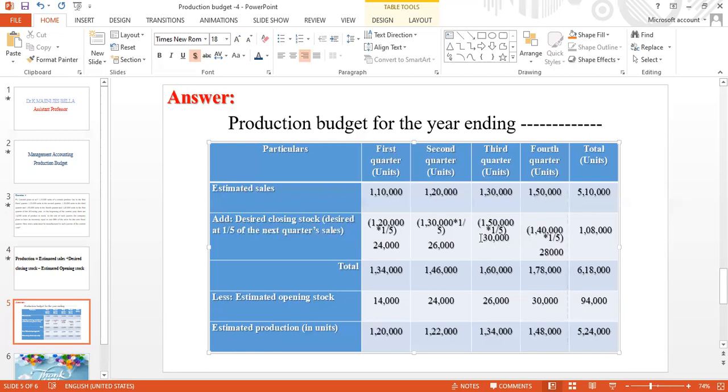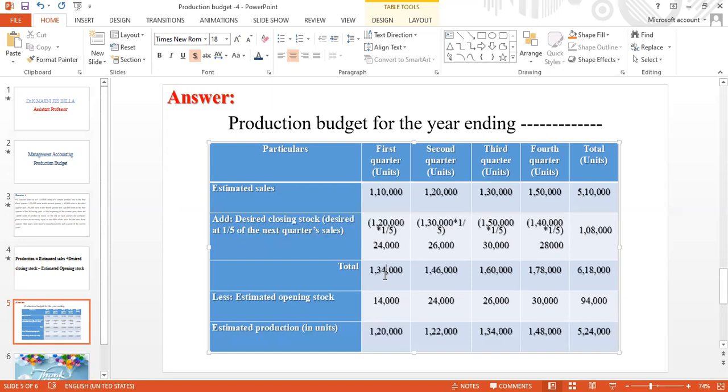And we can put the total. Okay, the total how much? 1,08,000. You will get 1,08,000. Now to put the total, 1,10,000 is the sales plus 24,000 is the closing stock.